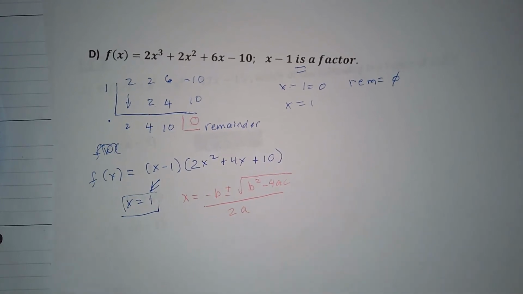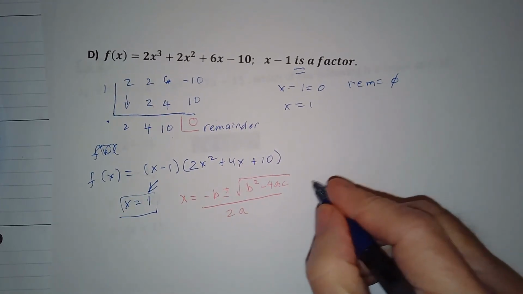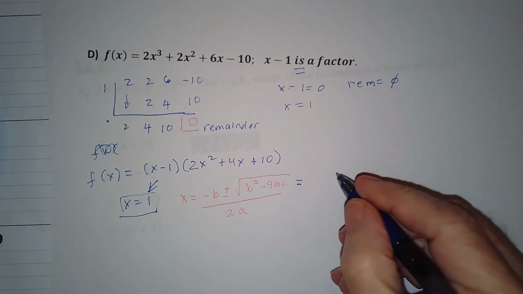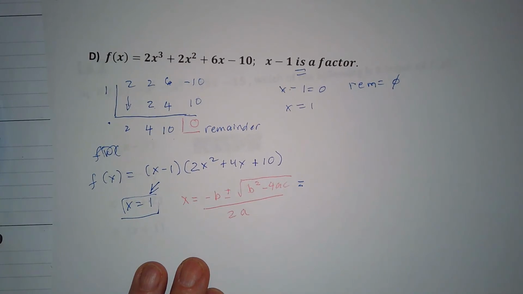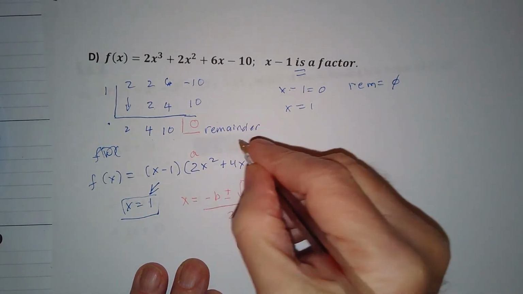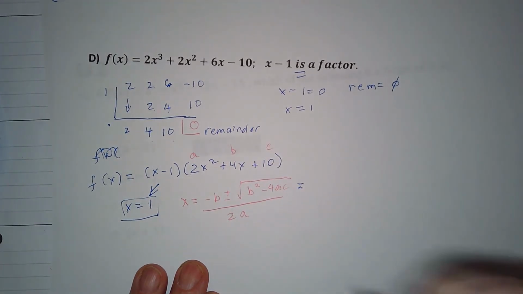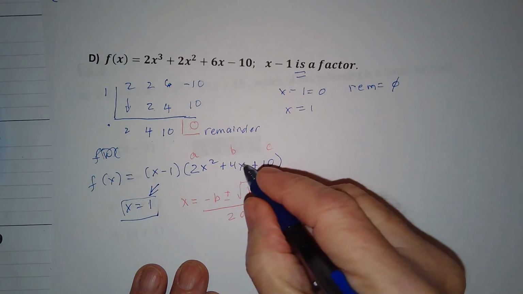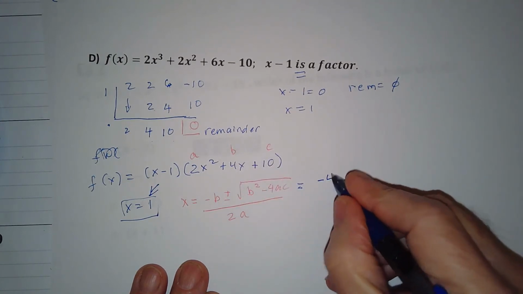All right. So what do we got? Let's see. The opposite of b. Well, let's just color it in here. So here's our a. Here's our b. Here's our c. So our a is 2. Our b is 4. So the opposite of 4 is negative 4.